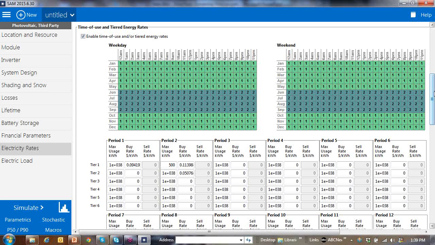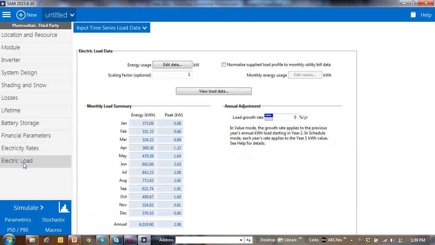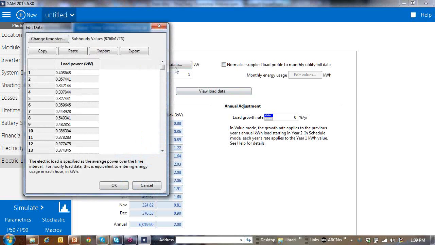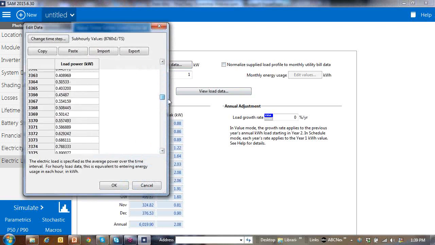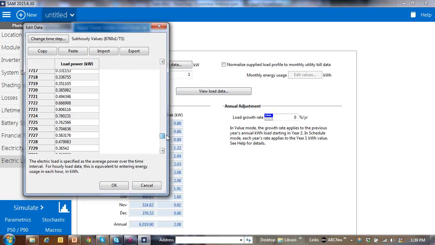Do we have the ability to input their consumption by hour, essentially, to show how that will model against the production? Right. So Nate, if you could switch over to the load page, yeah. You can provide and click edit data. You can provide SAM with an hourly or sub-hourly, for that matter, load profile.